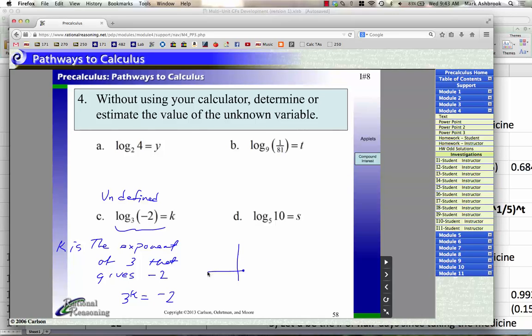So 3 to the k looks like this. If this is k here, and your output is 3 to the k, your graph looks like this, which means that the output is always what? Always positive. You can't get an output of -2 if it's 3 to the k.